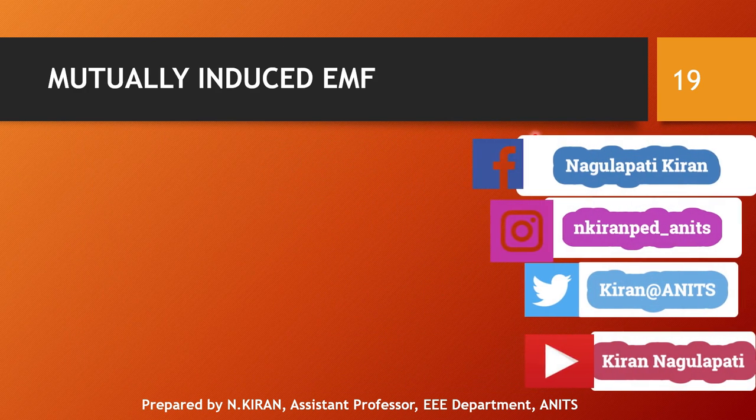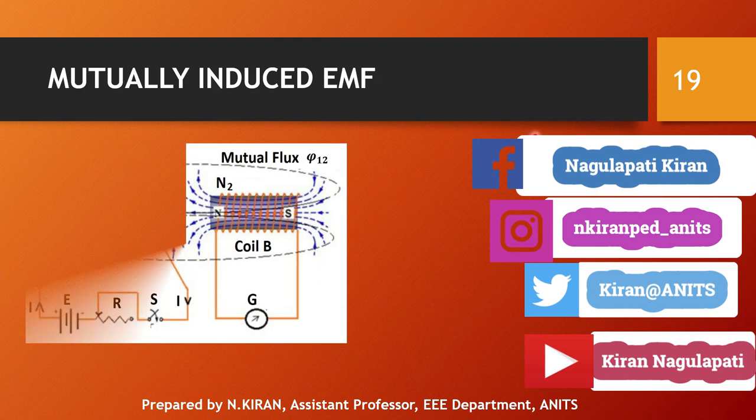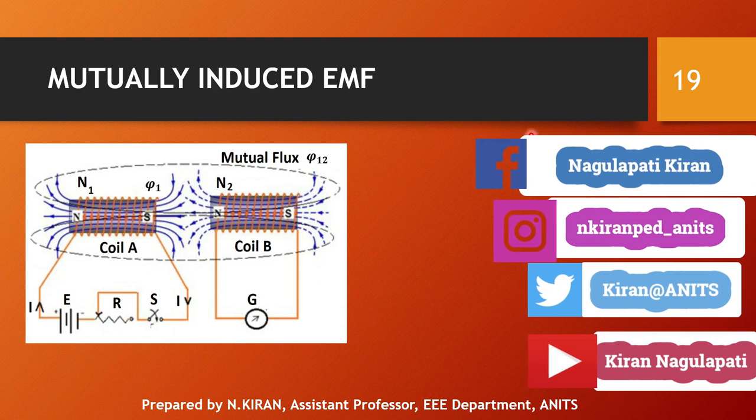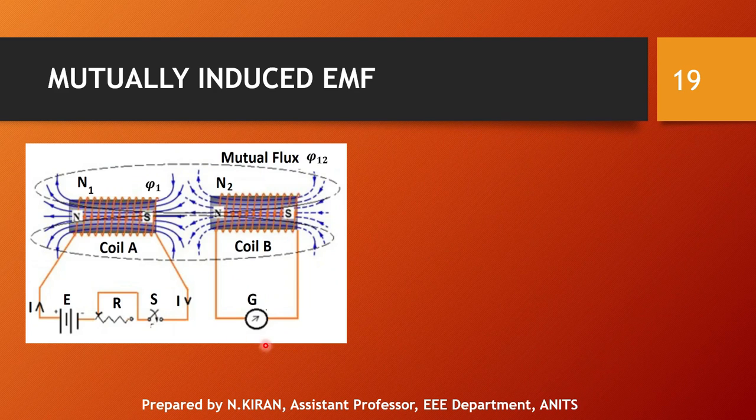Mutually induced EMF. Let me consider two coils, coil A and coil B. Coil B is connected to a galvanometer G, and coil A is connected to a battery in series with a rheostat and switch.